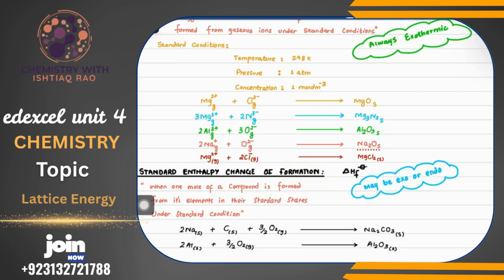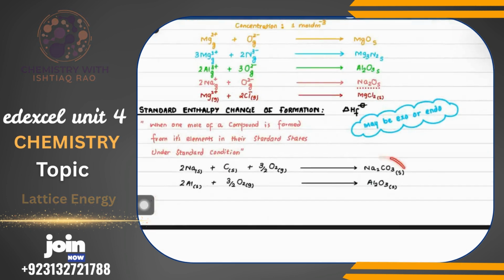And then again, the same criteria: this should be 1, 1, 1, 1. For the standard state, we need to have 1 mole of ionic solid. So you can see, as I have to form sodium carbonate, and we know that this is the standard enthalpy change of formation, what do we need to write?